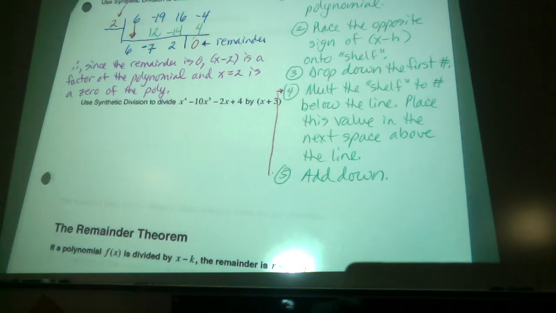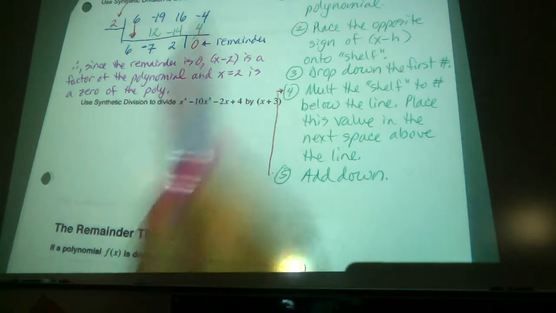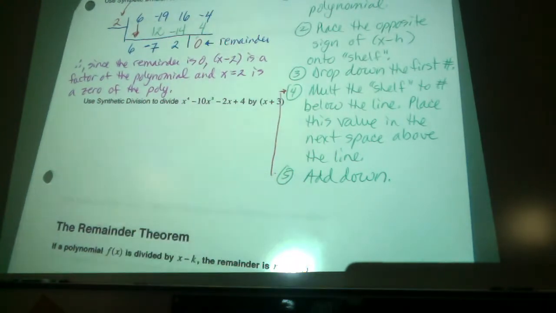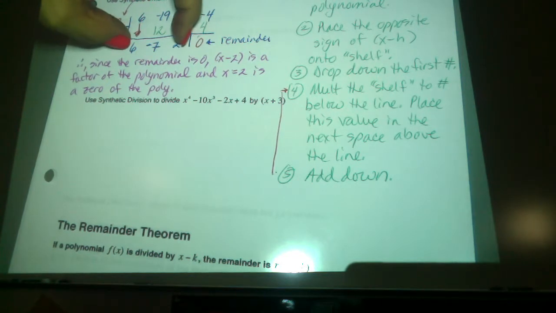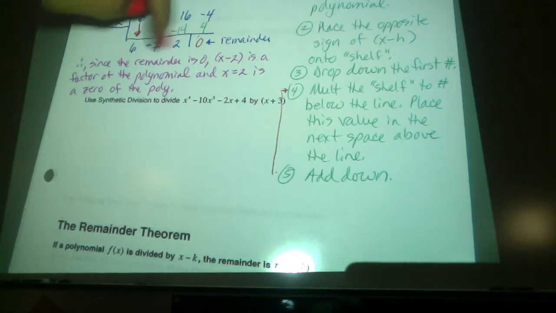So I know that the graph of this polynomial is going to cross the x-axis, or at least touch the x-axis at x equals 2. So what is my answer? Take what's to the left of that vertical bar and write it. These are your coefficients.